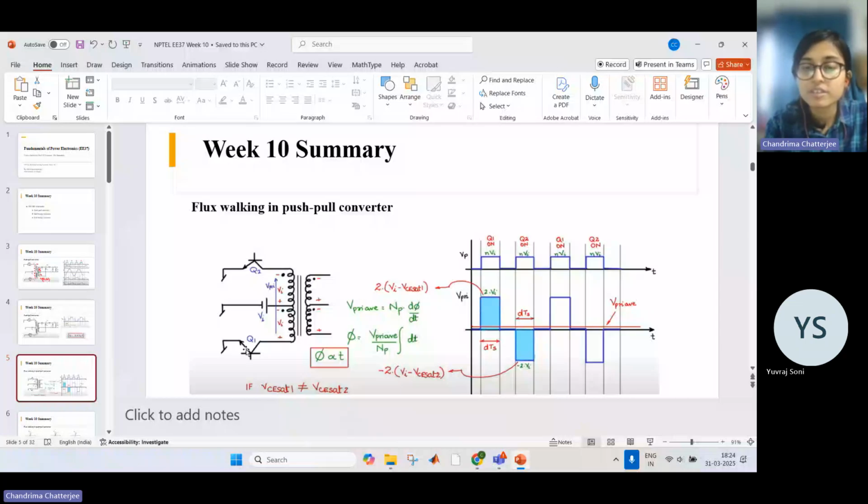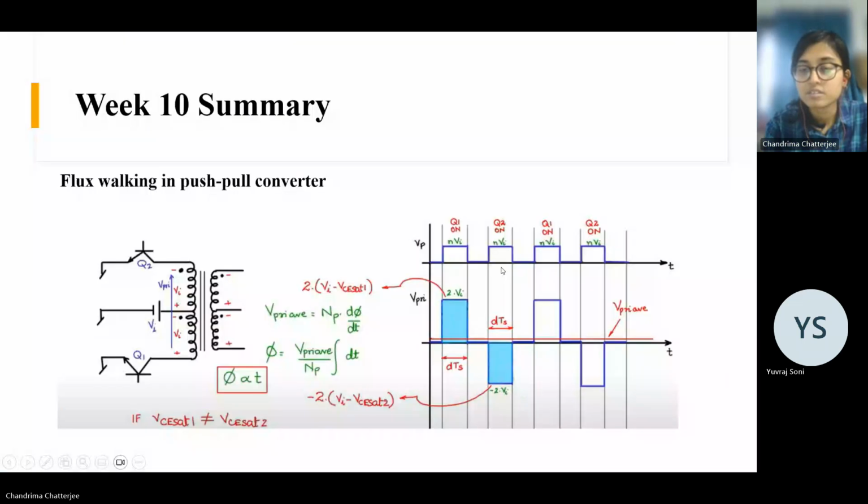So if these two parameters are not the same, then the area in the positive half and the area here are not the same. That's why the volt-second balance is not getting maintained here.